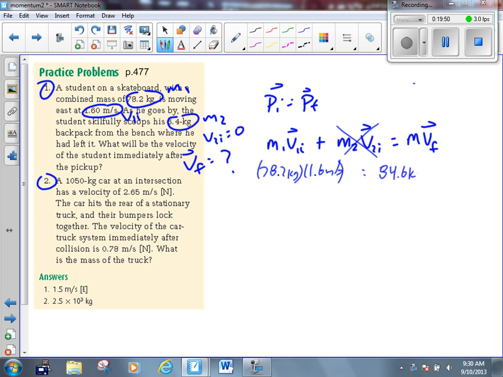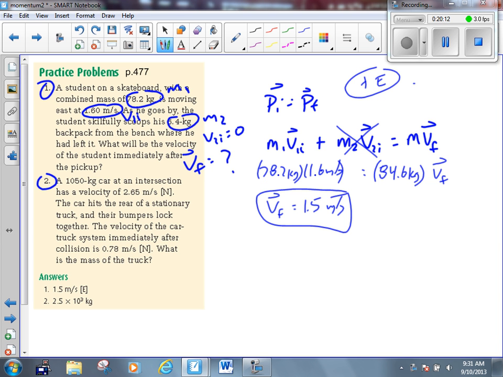This is what the mass of the one object is after the collision has taken place. We multiply that by Vf. 78.2 times 1.6, divided by 84.6, should give us 1.5 meters per second. And since everything was east, the final velocity is going to be to the east as well.